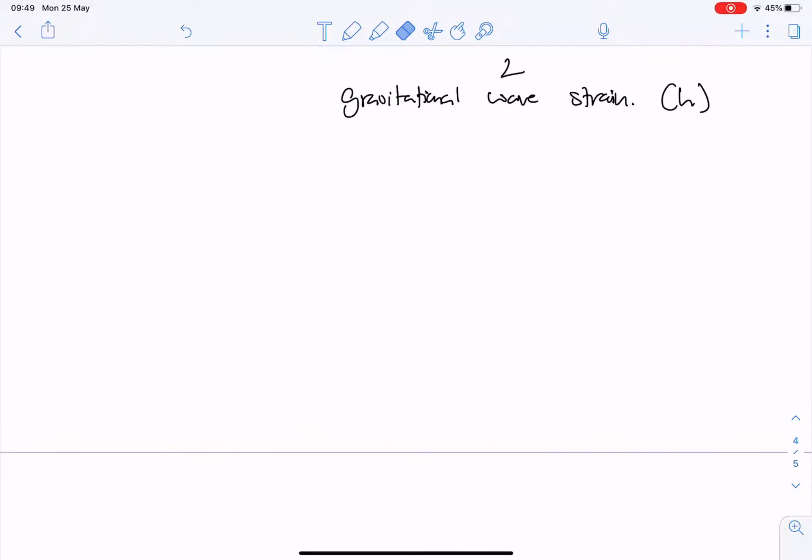So what we've just done is looked at the principle of detection of gravitational waves. So gravitational waves can be detected by the separation or changes in the proper distance between 2 points.